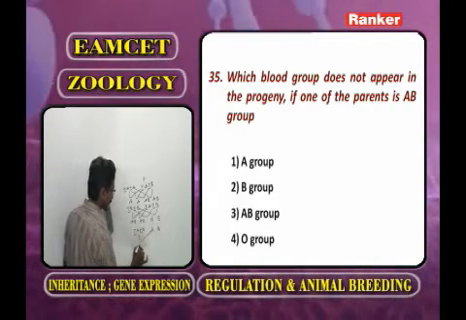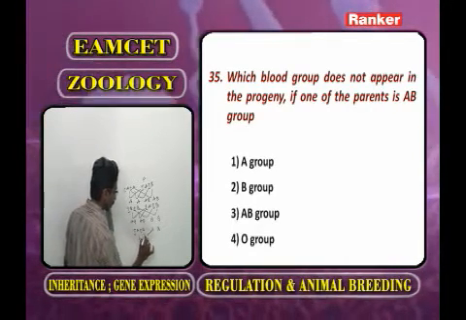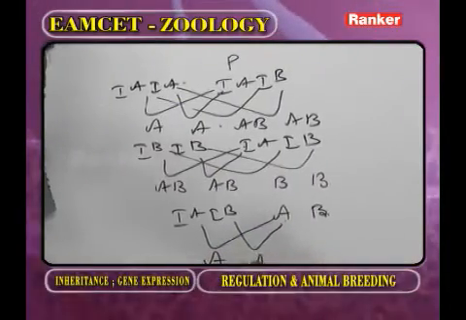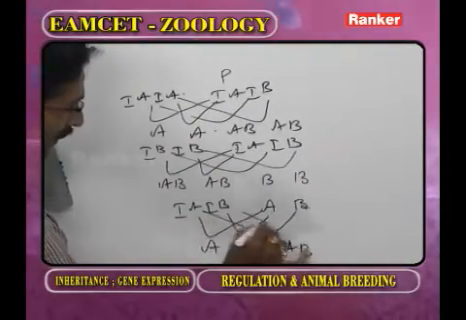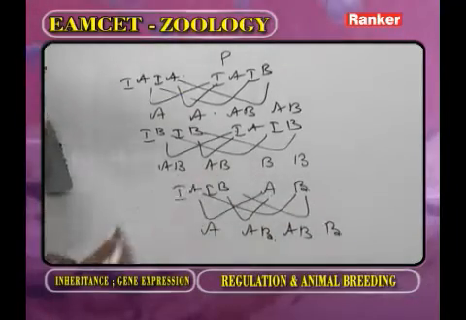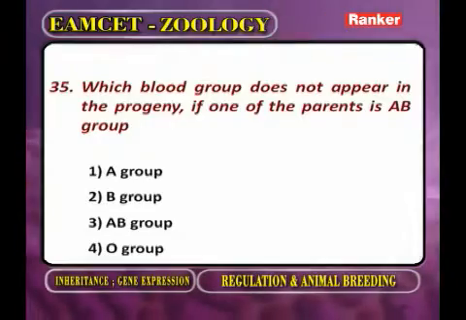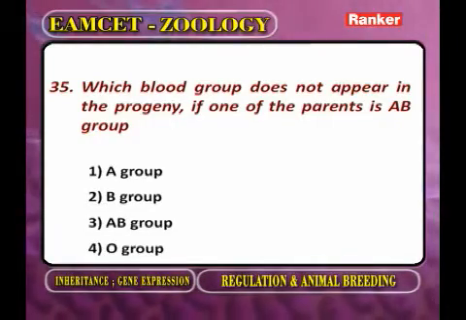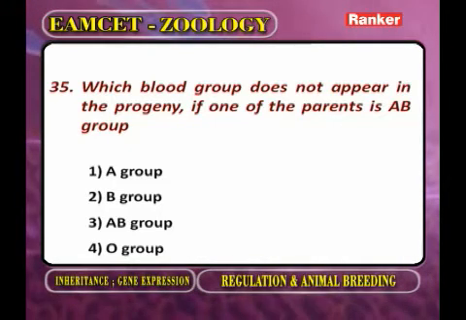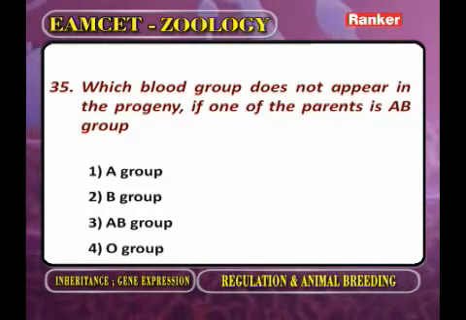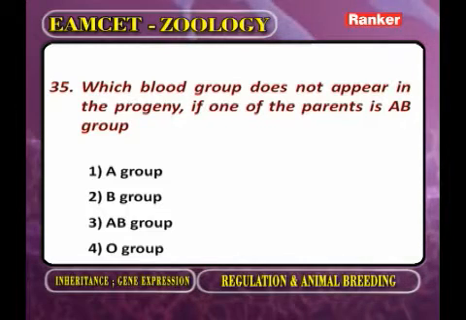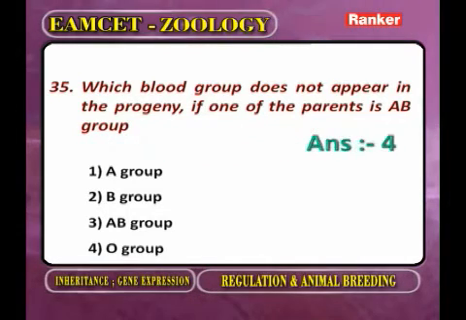If we go for the cross, we are getting A blood group, and AB blood group, and AB blood group, and B blood group. As we observe the question, which blood group does not appear in the progeny if one of the parents is AB group? The answer is we should not get the O blood group. So the answer is the fourth one.